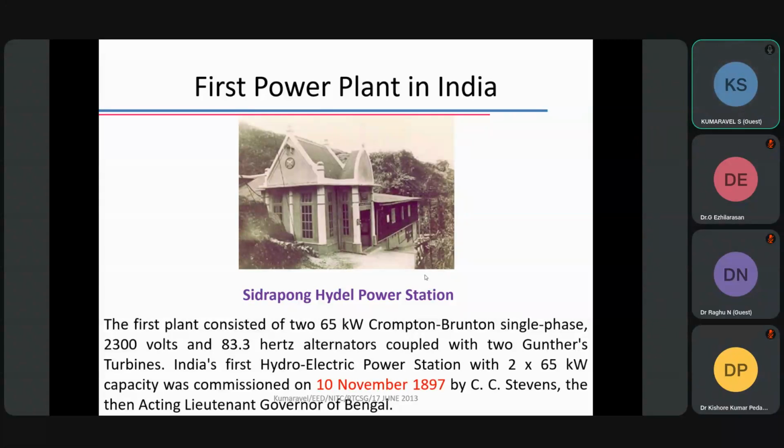I think some of you might have read a book on the current war between AC and DC. On one side, Thomas Alva Edison stood with his DC. On the other side, Nikola Tesla stood with his AC. The current war happened between 1882 and 1887, almost a period of 5 years. And later, AC won the current war.